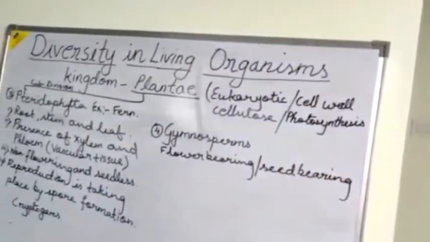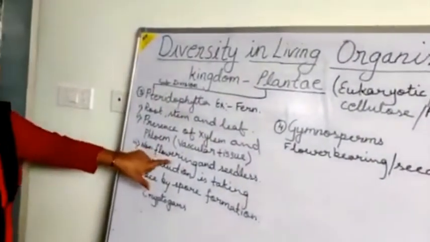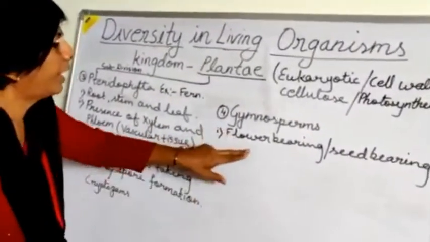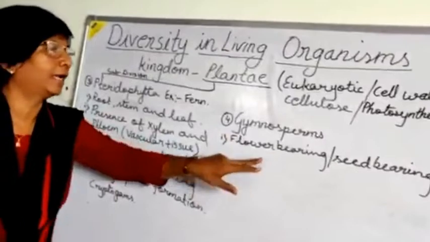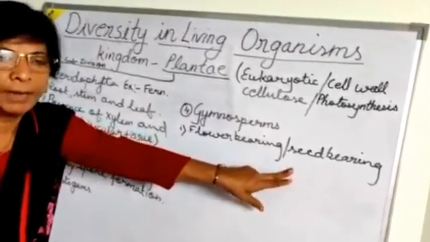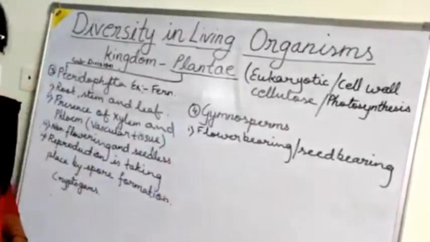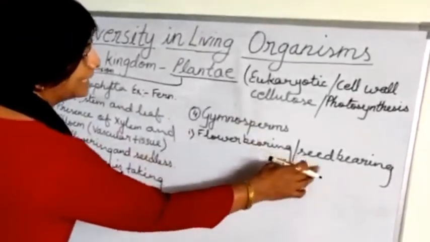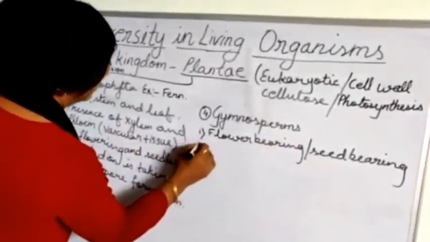So in Pteridophyta we got non-flowering and seedless, but here we are getting a point that they are having flower bearing and seed bearing. But if we are going to take this one, another thing is coming, that the seeds are naked.